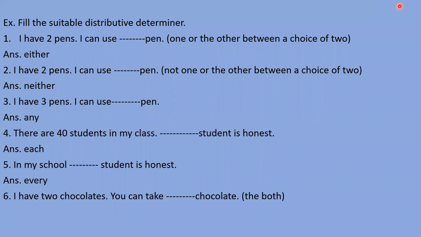Mika or Megan? Sir, Megan. Okay, Megan, yes, please tell me what can be the answer here. Sir, either. Either, yes, either is the right answer, because whenever we have to convey the meaning of both, we can use either. And secondly, one thing I told you: whenever we have to convey the meaning of one or the other between a choice of 2, there also you can use the word either, right? So the right answer is either.